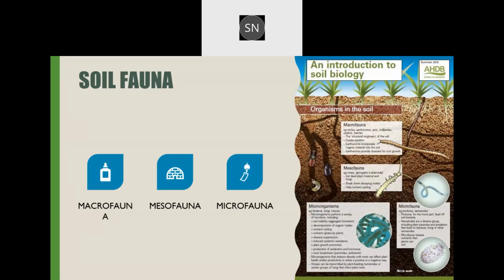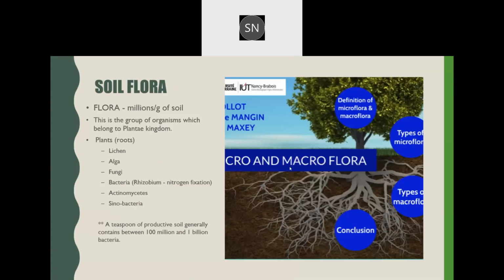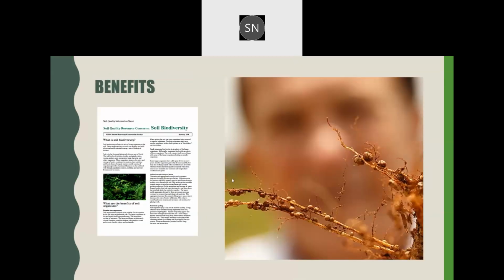Dia akan meningkatkan soil aggregates, dia akan break down toxic compounds in soil. Dah ada 5 dah. Simple, very simple. You don't have to remember those benefits. Even I shared an article or paper published in January 1998 talking about the benefits of soil organisms.